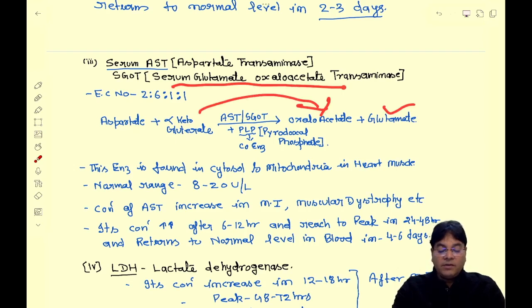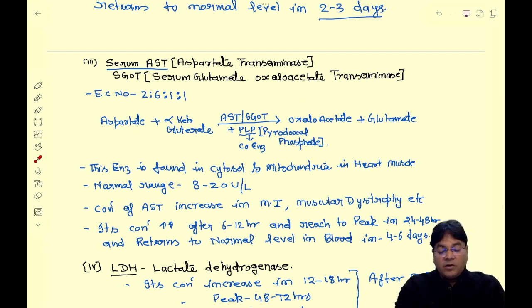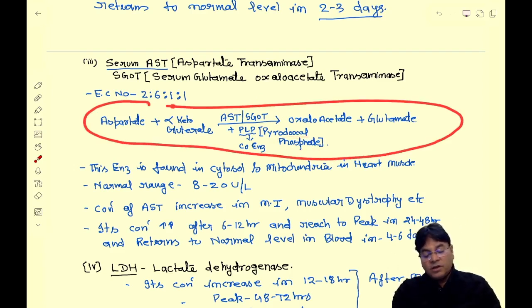That's why the name is given serum glutamate oxaloacetate transaminase. So it transfers the amino group. This enzyme AST or SGOT works along with a coenzyme, pyridoxal phosphate. This is the mode of functioning and the function of this enzyme performed in our body.